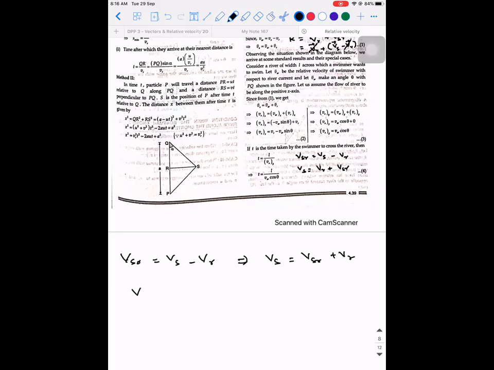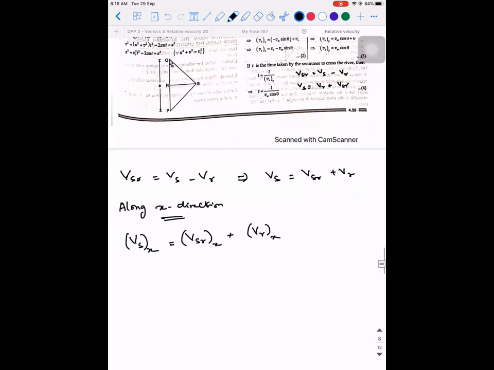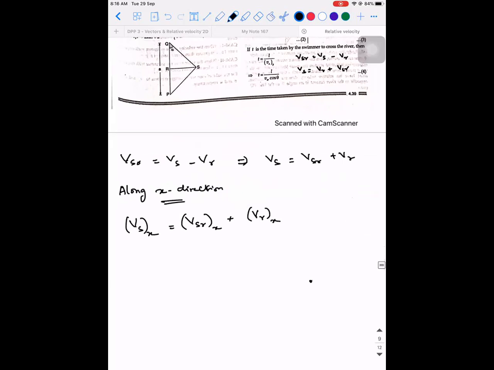So when I analyze it along x direction, then velocity of swimmer along x direction is equal to velocity of swimmer with respect to river along x plus velocity of river along x. Accepted?